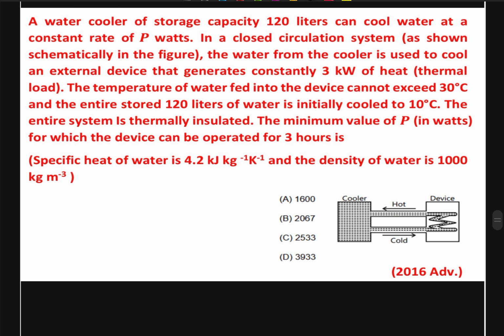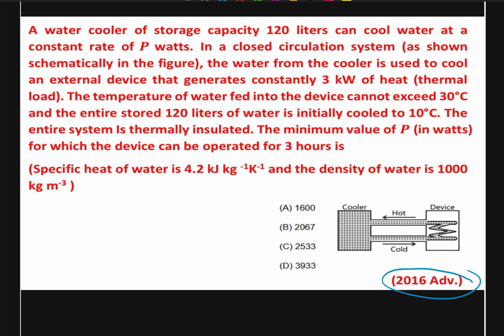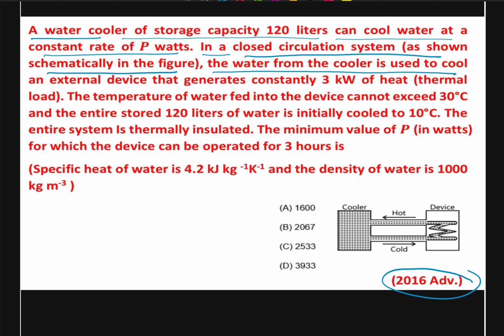It was asked in the year 2016, and it states that a water cooler of storage capacity 120 liters can cool water at a constant rate of P watts in a closed circulation system as shown schematically in the figure. The water from the cooler is used to cool an external device that generates constantly 3 kilowatt of thermal load.